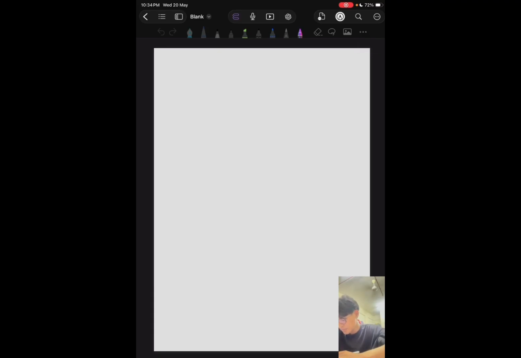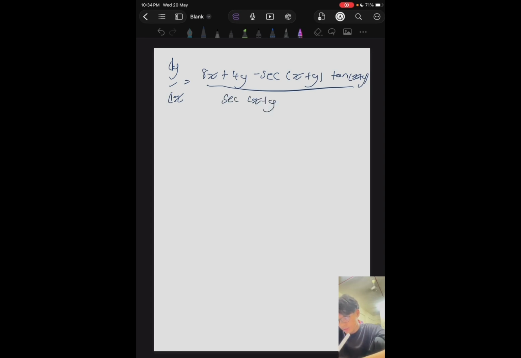So that means we have to divide, so dy dx equal to 8x plus 4y minus sec squared (x plus y) over sec squared (x plus y) minus 4x.